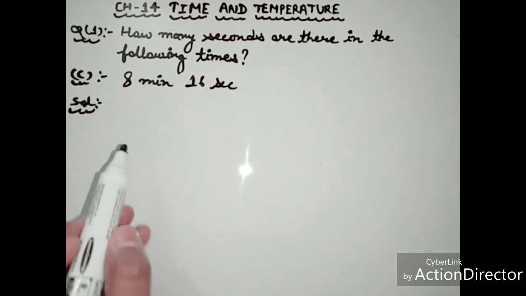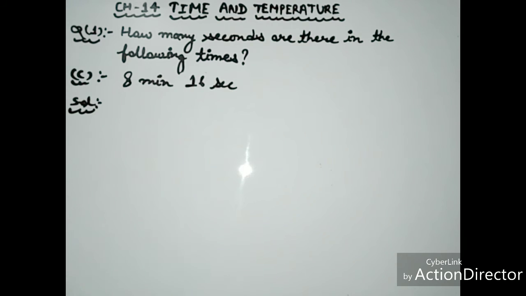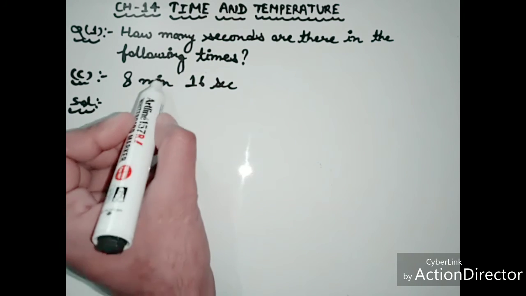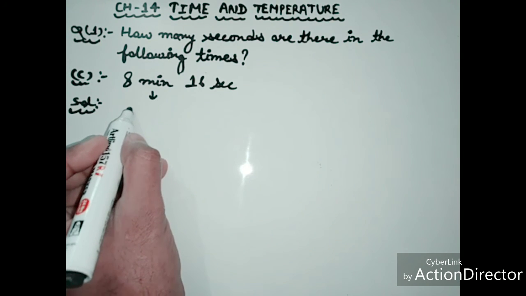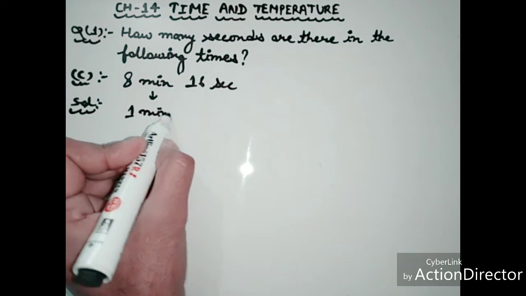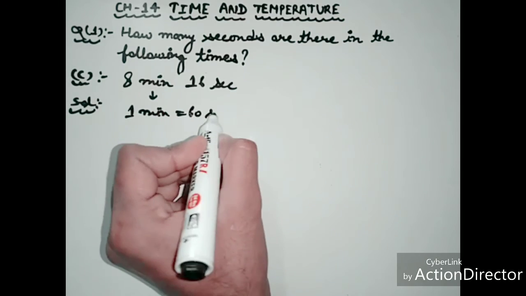Now example C, 8 minutes and 16 seconds. Here we will convert 8 minutes 16 seconds into seconds. First we convert the minutes into seconds. 1 minute equals 60 seconds.